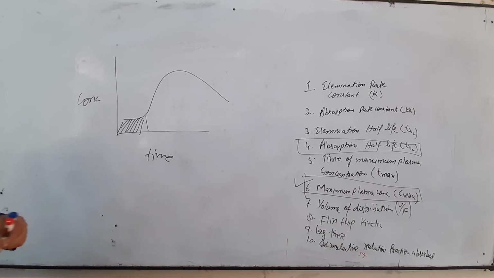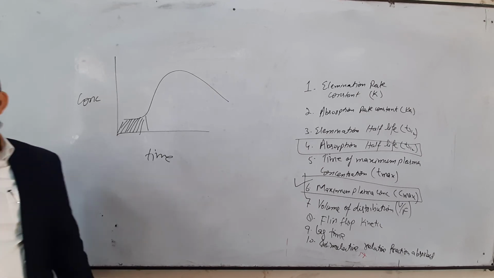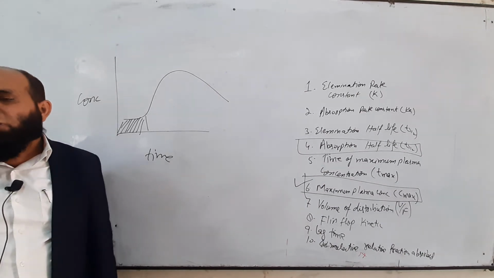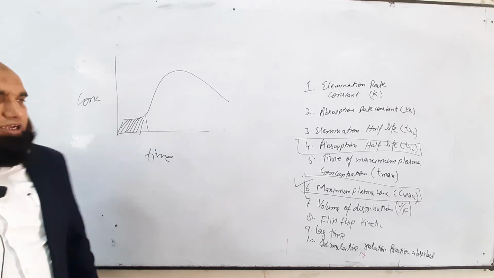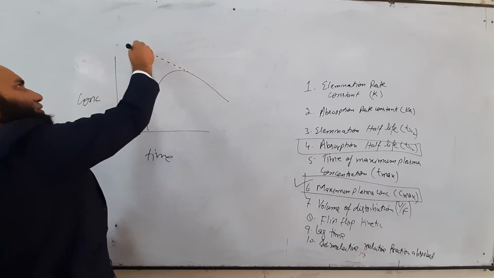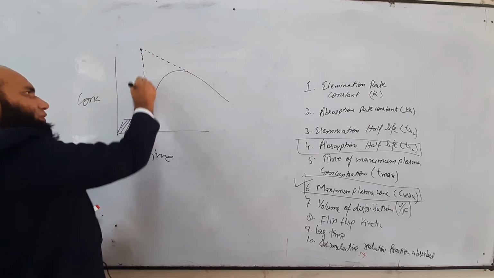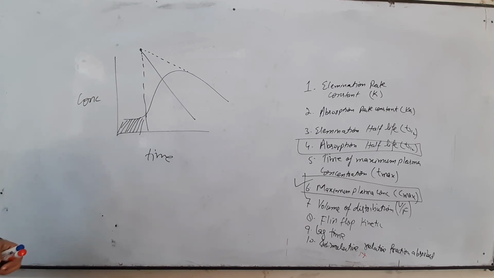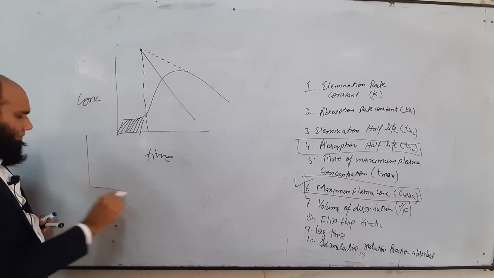In case of lag time, there are two types. One is positive lag time, the other is negative lag time. In case of positive lag time, first assume where this curve is coming from. We have this origin, and this is our lag time. This is positive lag time. In case of negative lag time, the concept is very simple.